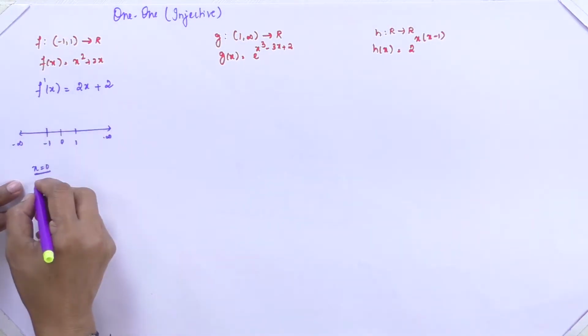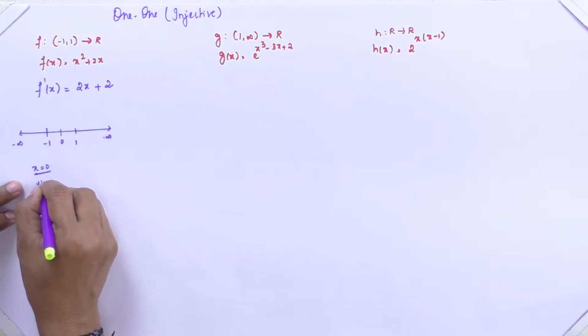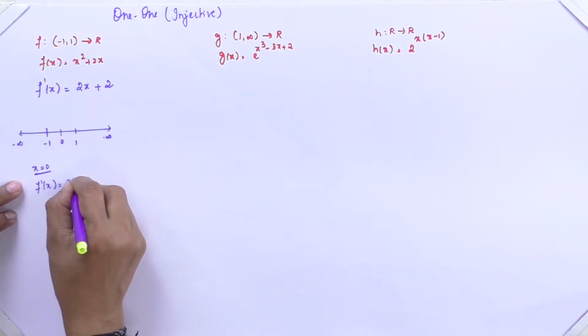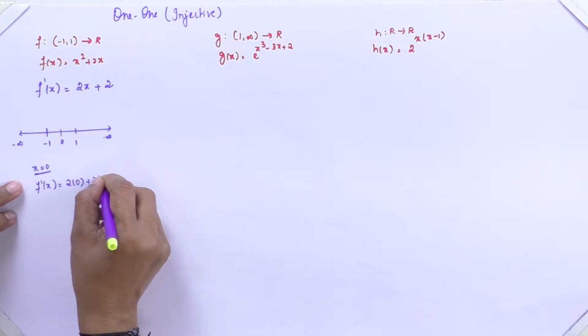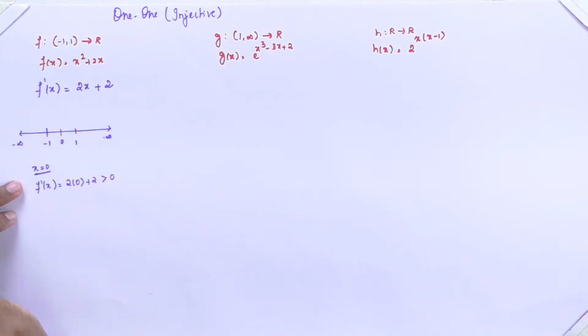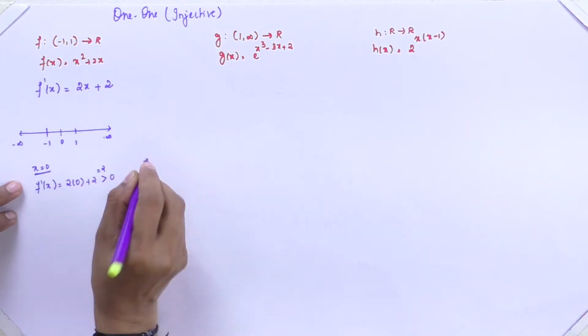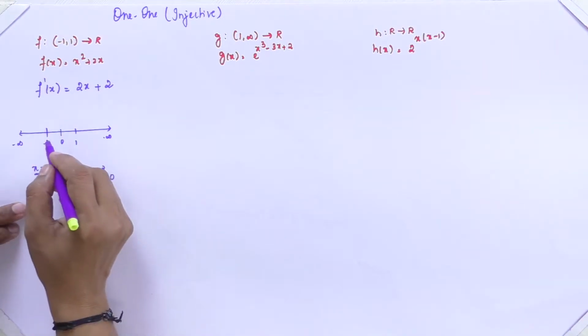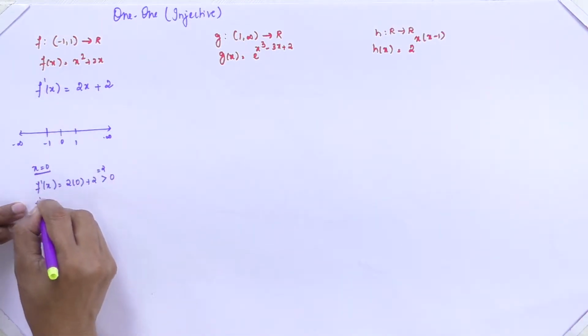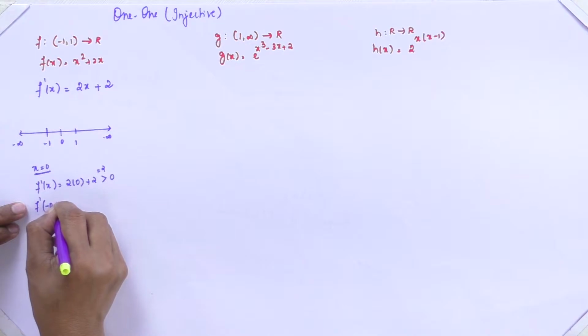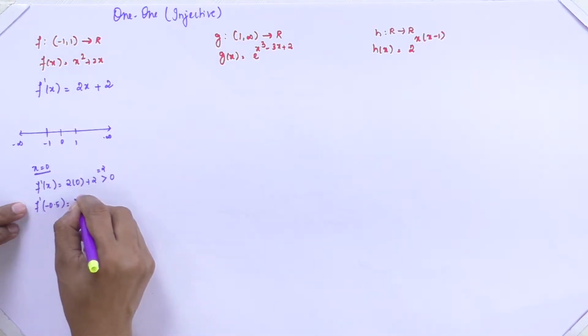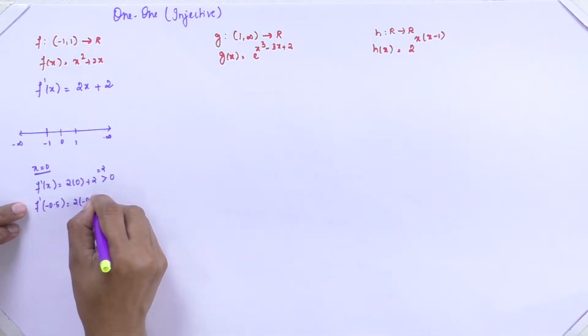If I substitute x equal to 0, I get f dash of x as 2 into 0 plus 2, which is equal to 2, greater than 0. Next, I can also take x as -0.5. Then I get 2 into -0.5 plus 2.